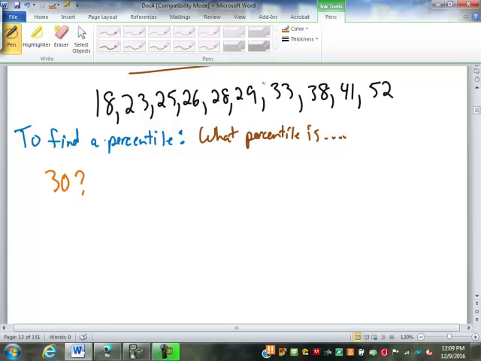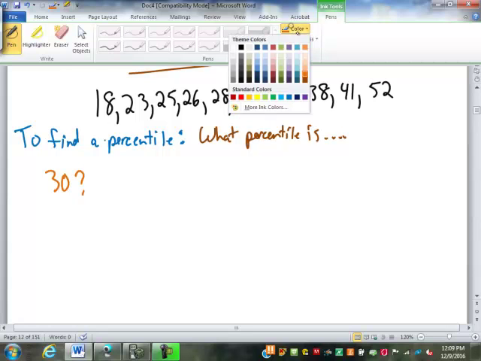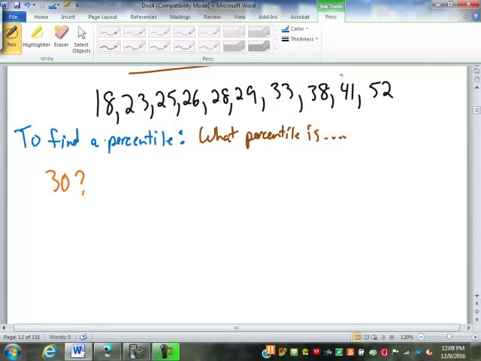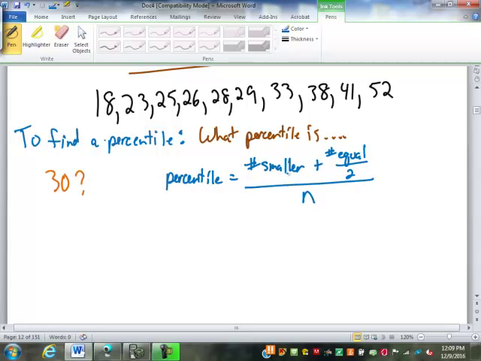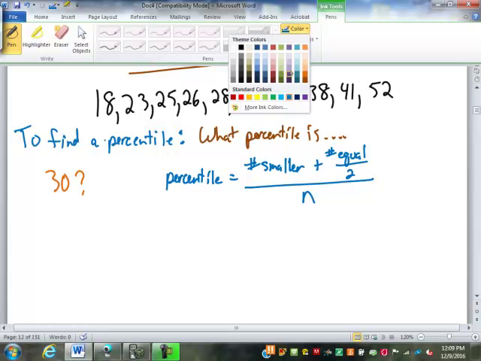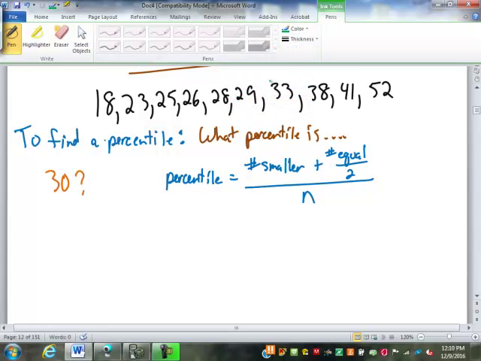Well, 30 is not in this group. But compared to this group, 30's percentile is equal to the number that are smaller plus the number that are equal divided by 2, all divided by n, in other words, the total number. So 30 would be right here.